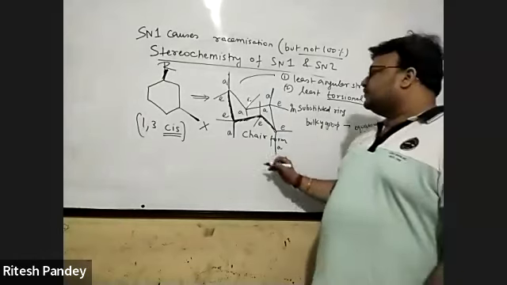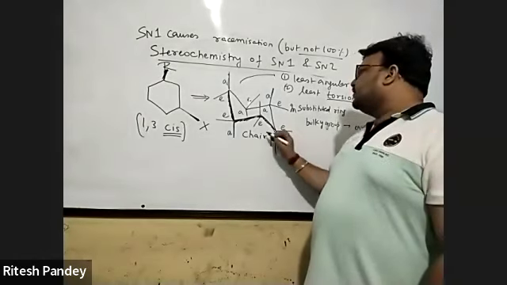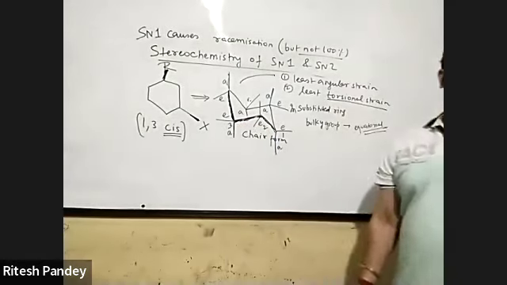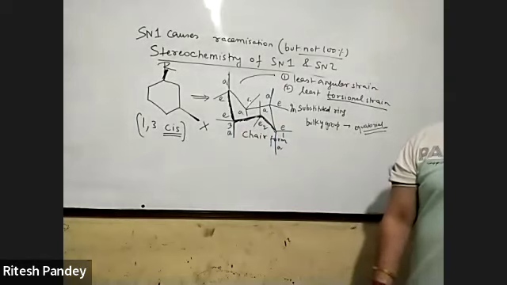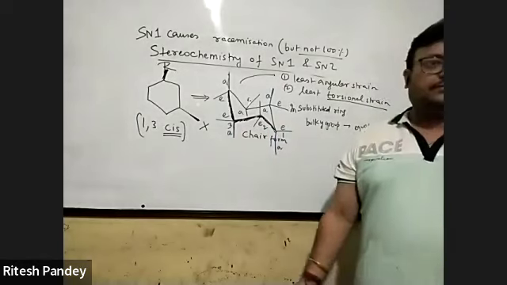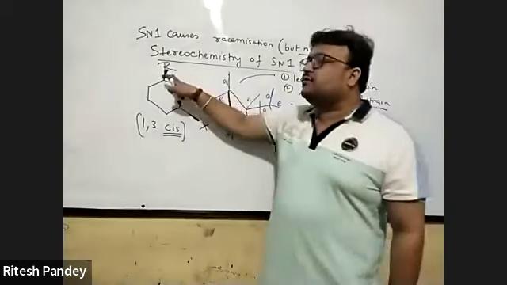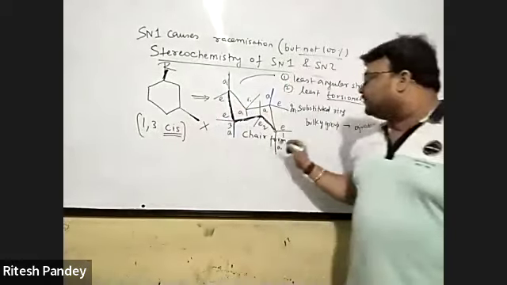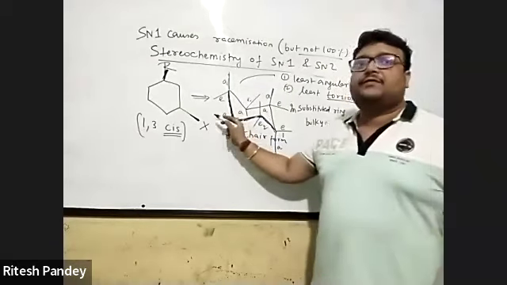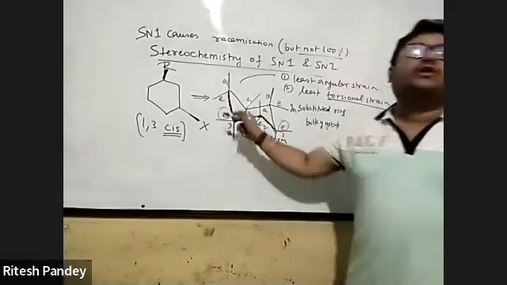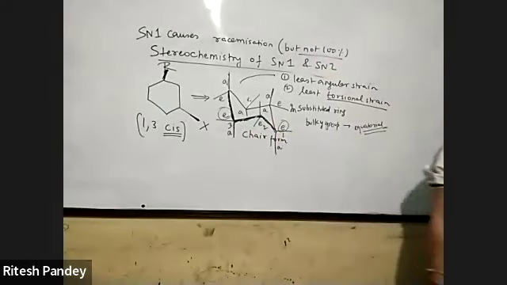Suppose I choose this as 1, this as 2, and this as 3. I would want to have the bulkier group equatorial. Yes or no? So if this is above, this is also above. And if this is above, it's also above. And I'll get both the equatorial positions. Yes or no?